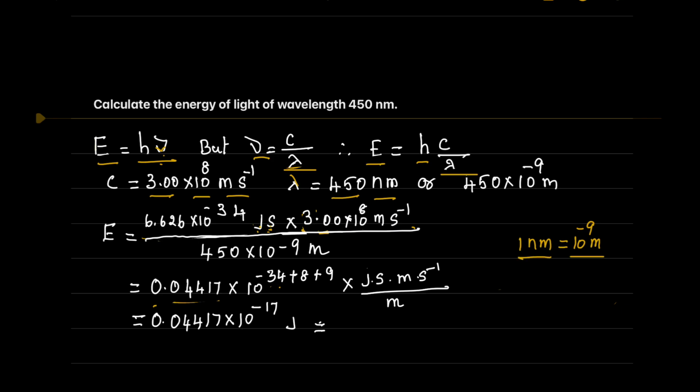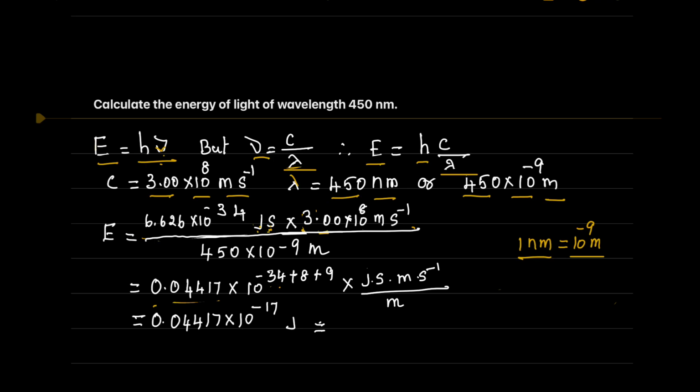So wavelength lambda becomes 450 into 10 raised to the power of minus 9 meters. And h is the Planck's constant. The numerical value is 6.626 into 10 raised to the power of minus 34. And we are using the unit for the Planck's constant as joules second.